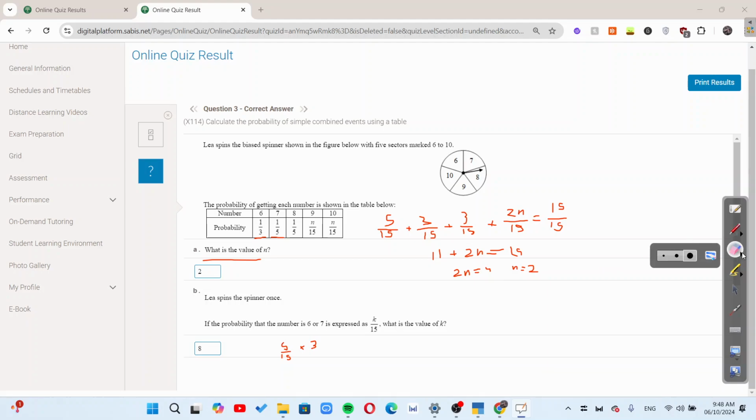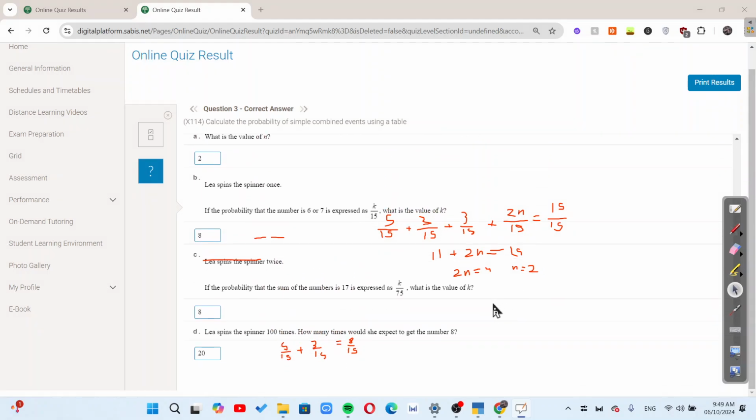This isn't times, it's plus. So your probability is 8 over 15. So that's how you solve the first two parts.